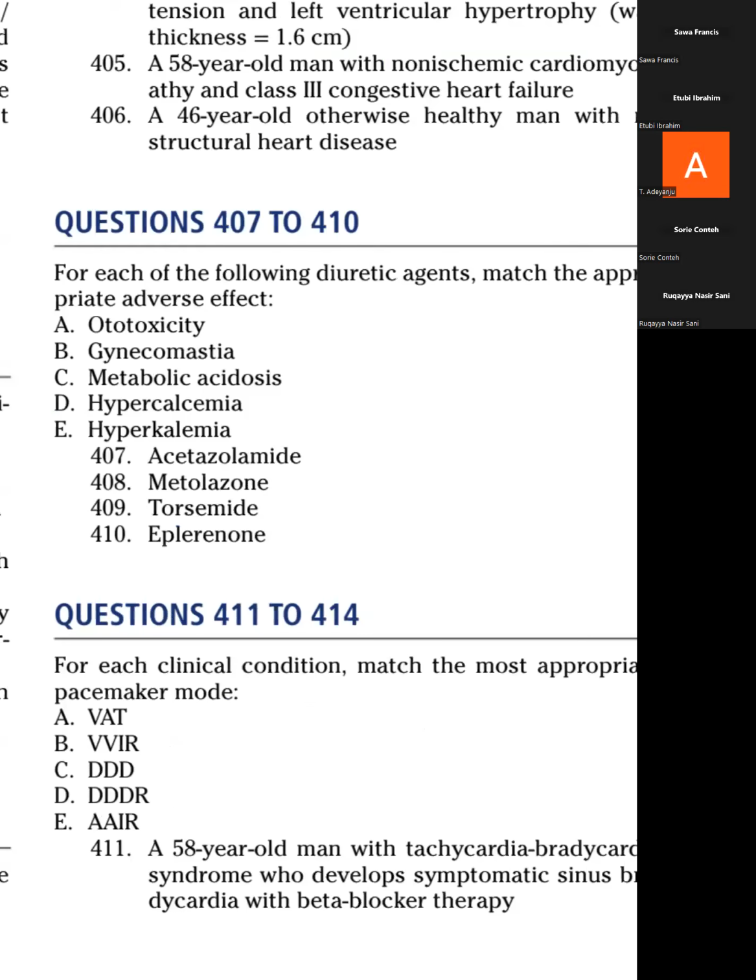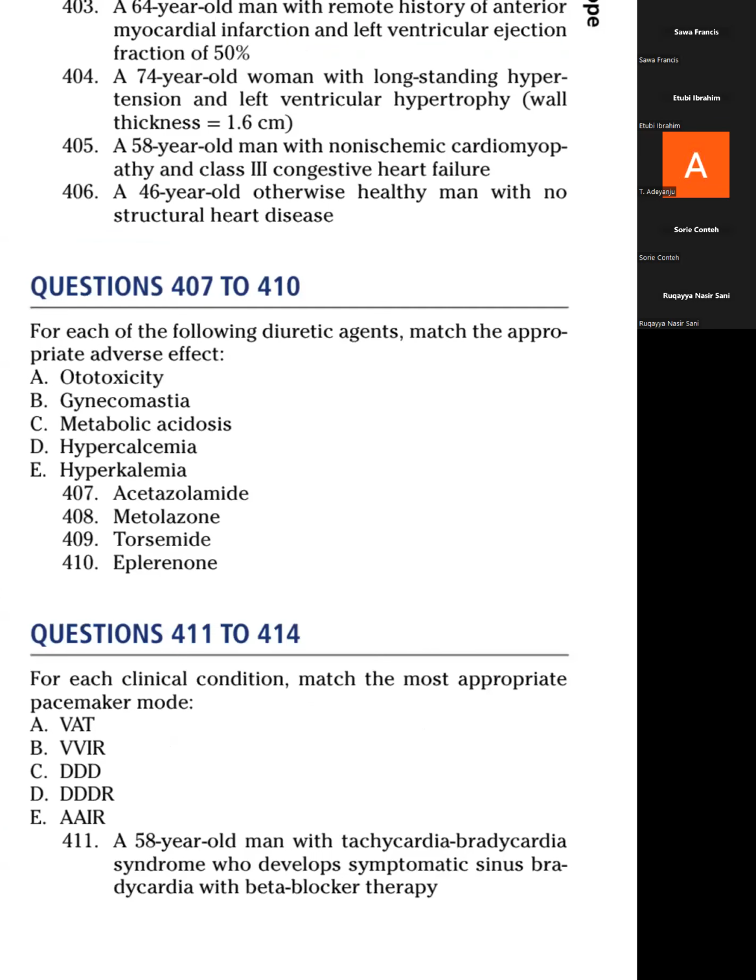For this one, we can see that there's no evidence of AV block. Just like what Dr. Ruki was saying just now, there was no evidence of an atrioventricular block, because what favors the use of a dual chamber is the aspect of AV nodal disease.